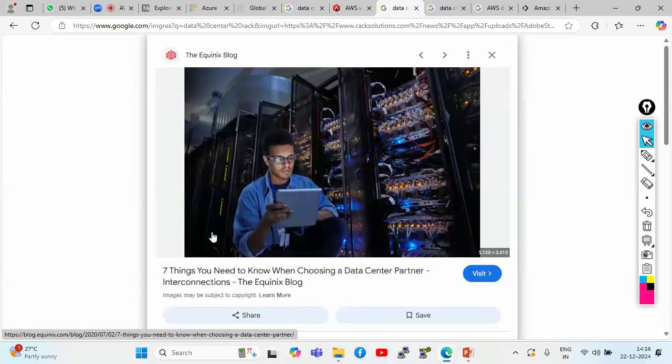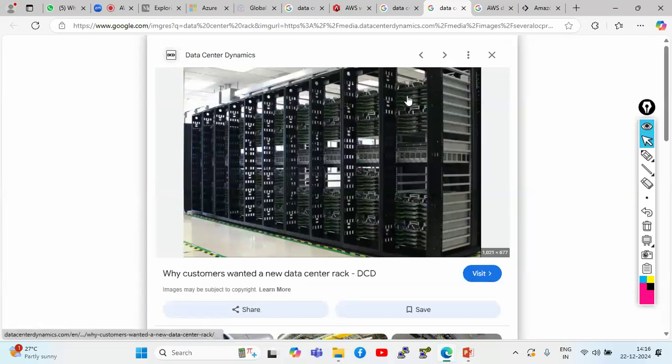Even when I'm talking about cloud computing, Amazon data center, Azure data center, it is inside a data center. The picture will look exactly similar to this one. So this is the rack, one more picture. This is the rack where network or server components are connected and you get access to that.